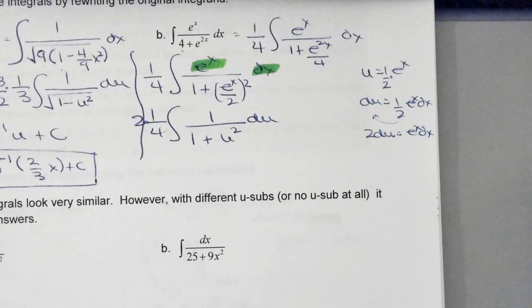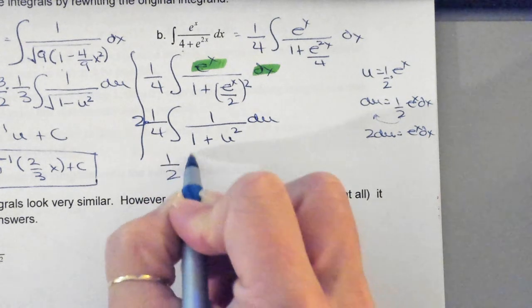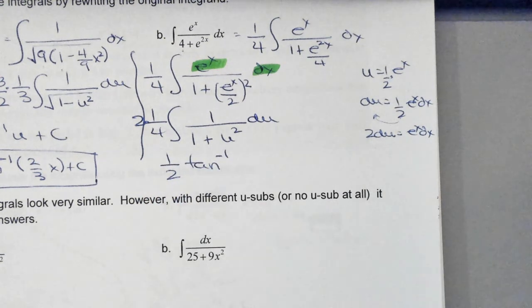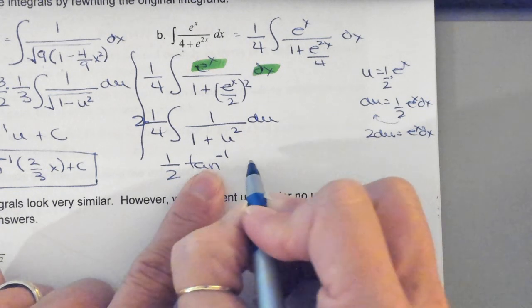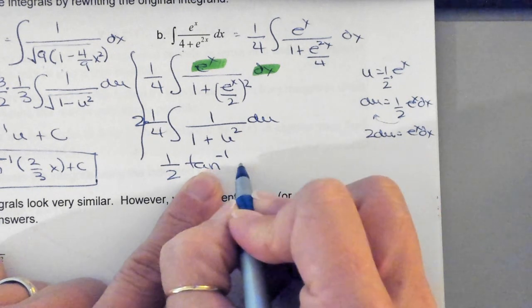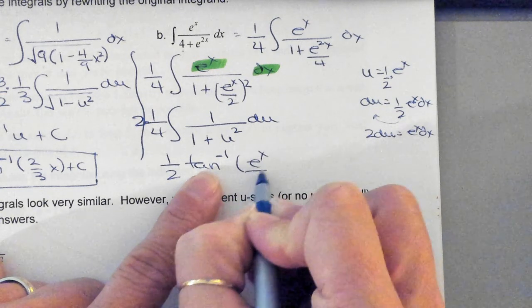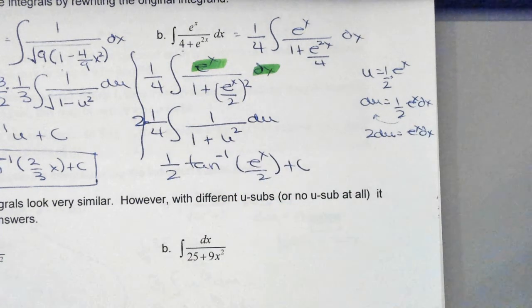What is the integral of 1 over 1 plus u squared du? Inverse tangent. So what we have is 1/2 inverse tangent. Can I make my direct substitution of u? You can either write it as 1/2 e to the x or just e to the x over 2 plus c.